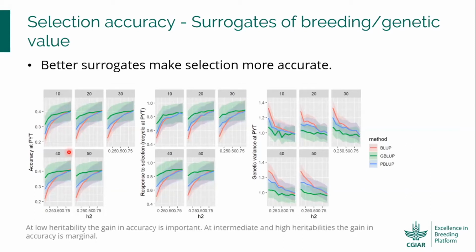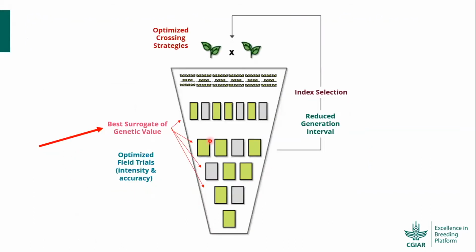Now let me again refresh something before people get confused. I'm not talking about doing predictions for reducing cycle time or anything like that. I'm talking about when you go to the first stage of yield trials. Maybe you have, like I said, 1,000 entries. You phenotype those 1,000 entries, and you have 3 options.